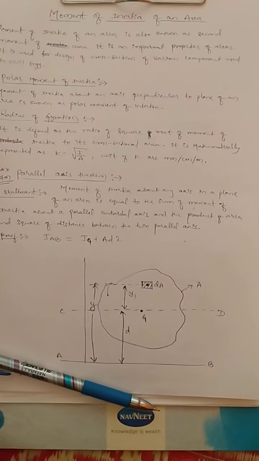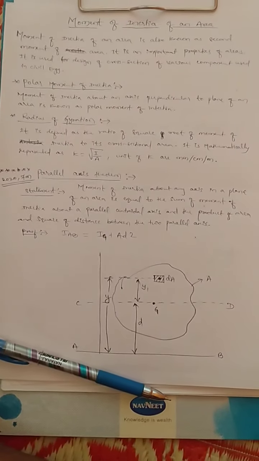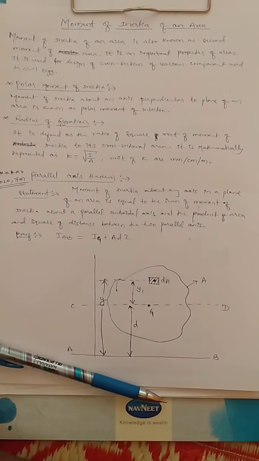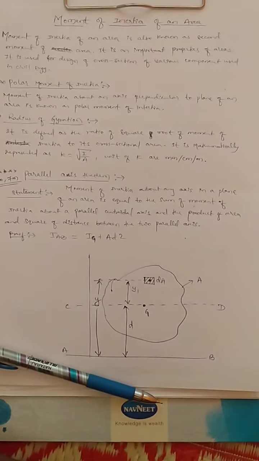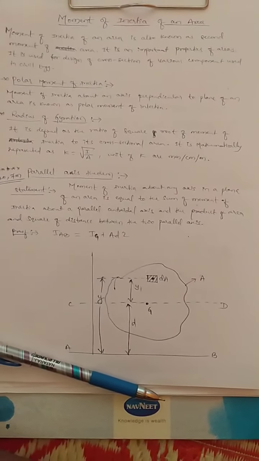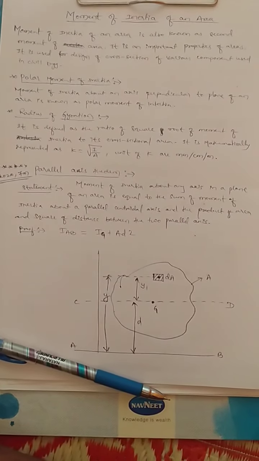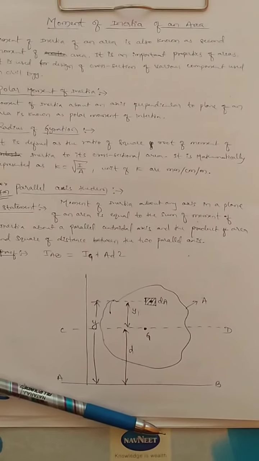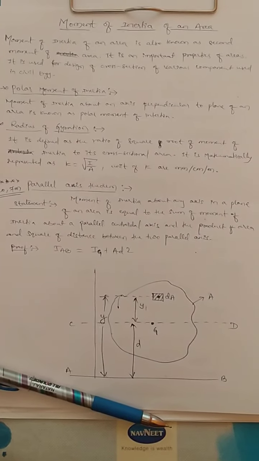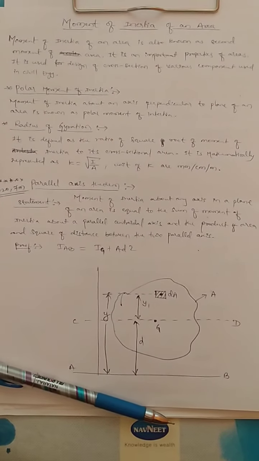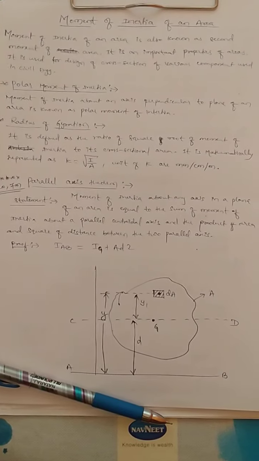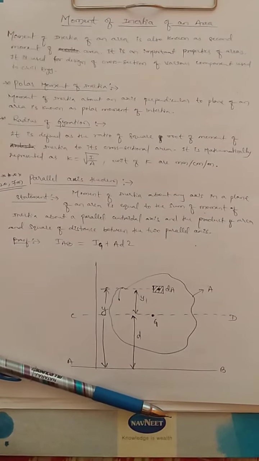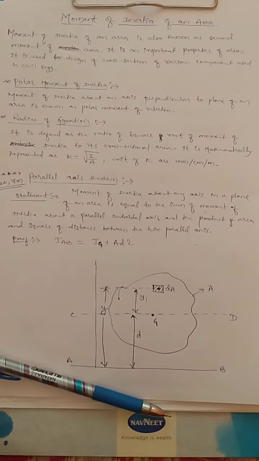Whenever you come across the parallel axis theorem, first you are supposed to write the statement. The marks for the statement are separate, and for the proof they are separate. The statement goes like this: moment of inertia about an axis in the plane of an area is equal to the sum of moment of inertia about a parallel central axis and the product of area and the square of distance between the two parallel axes.